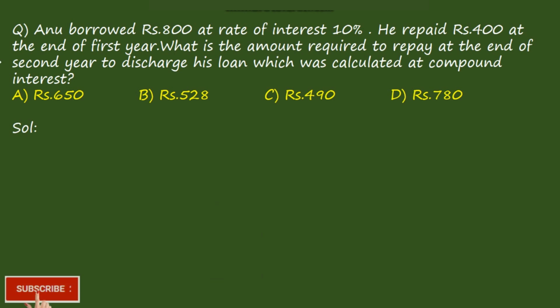Come to the next question. Anu borrows rupees 800 at the rate of interest 10%. He repays rupees 400 at the end of the first year. What is the amount required to repay at the end of the second year to discharge his loan, which was calculated at compound interest? First, understand the question. The principal is 800 and the rate is 10%.